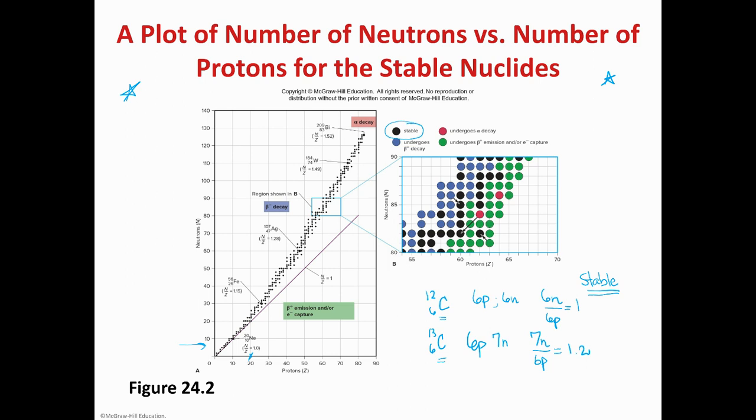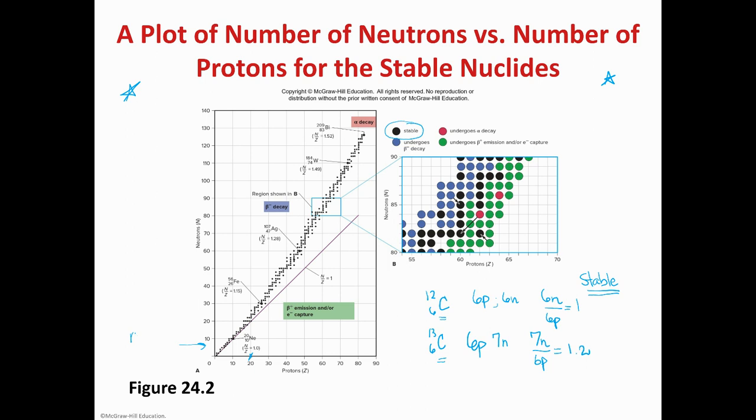That's why this isn't a line, it's a belt, because one element might have more than one isotope that's stable. Okay, so if we're looking at carbon, just roughly, there's 2 dots there for atomic number 6.